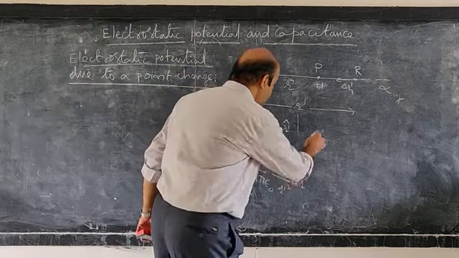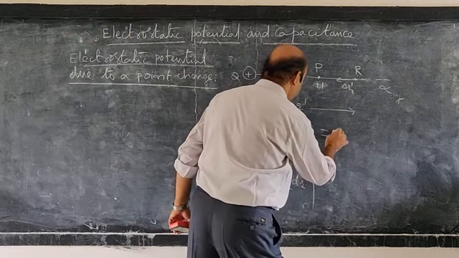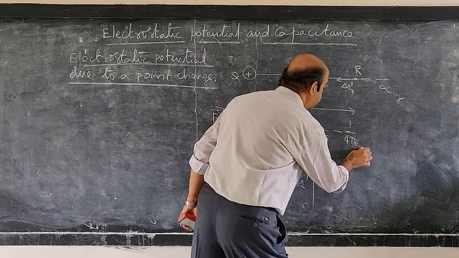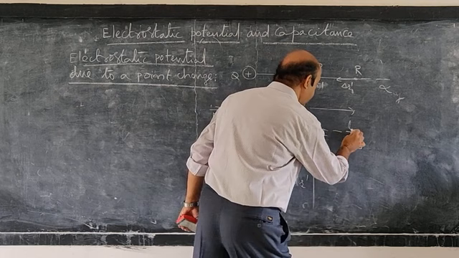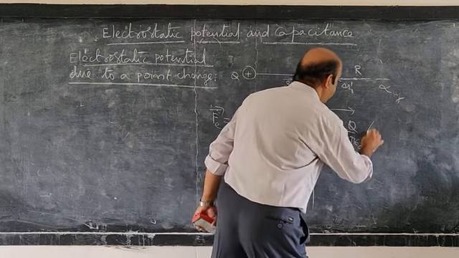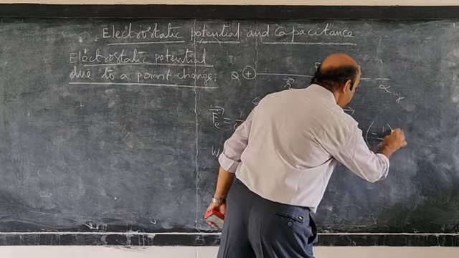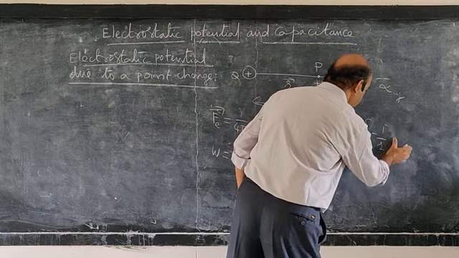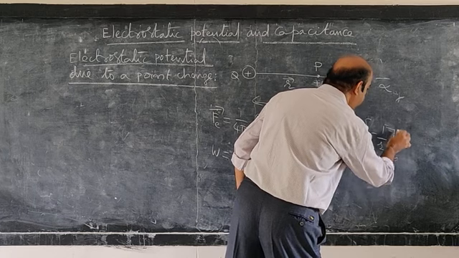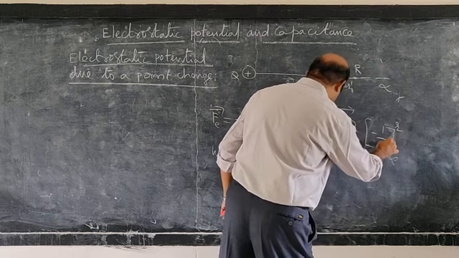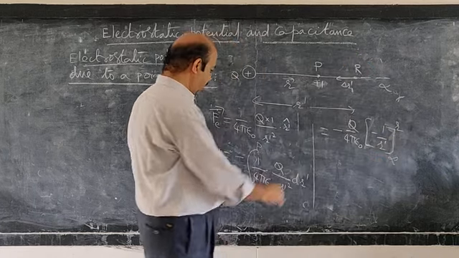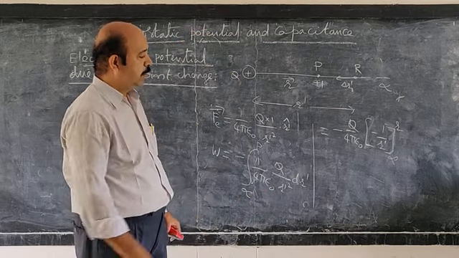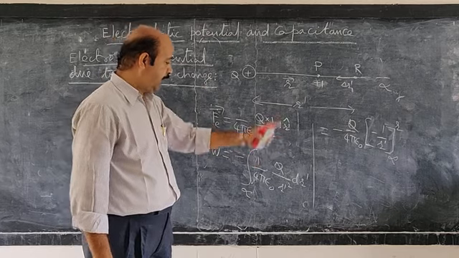That leads to minus 1 by 4 pi epsilon naught q, times minus 1 by r dash, with limits from infinity to r.